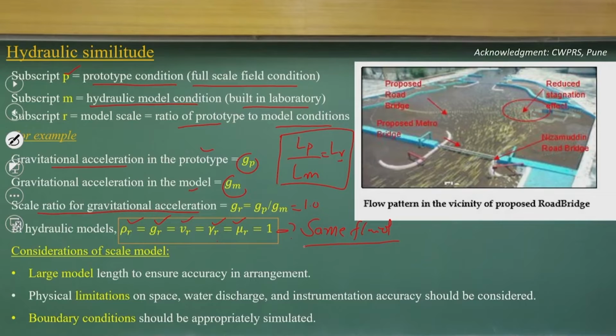Most of the time, as I said, we cannot do a total geometric similarity model, because we have a lot of constraints like physical limitations in terms of space, water, distance, instruments and accuracy, how accurate the instruments we have to measure the velocity, the flow depth, the turbulence properties, the sediment.